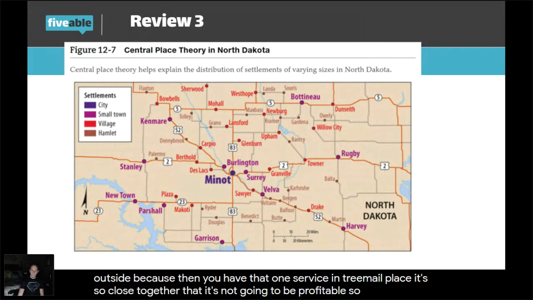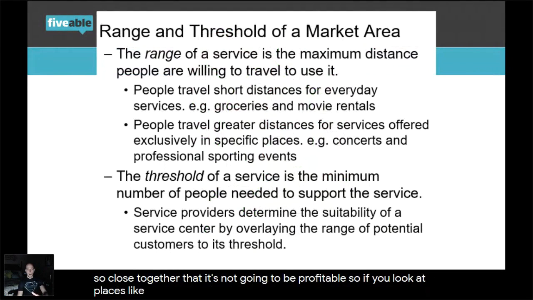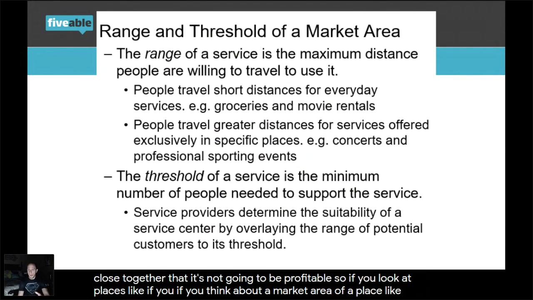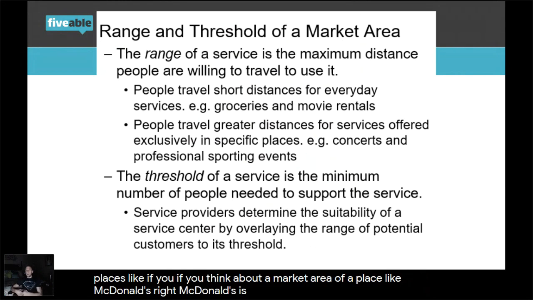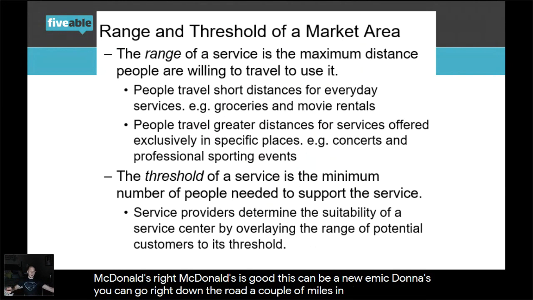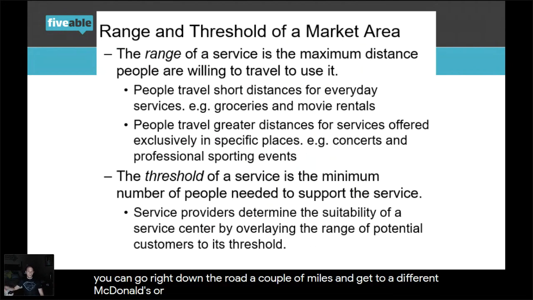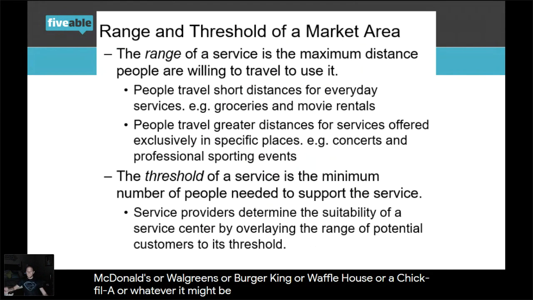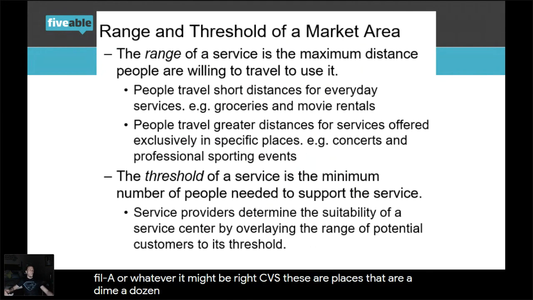So if you think about a market area of a place like McDonald's, right? There's gonna be a million McDonald's. You can go right down the road a couple of miles and get to a different McDonald's, or Walgreens, or Burger King, or Waffle House, or Chick-fil-A, or whatever it might be, right? CVS. These are places that are a dime a dozen. Right? Even Walmart. I've got 2 Walmarts within maybe a 5-mile radius of where I live.